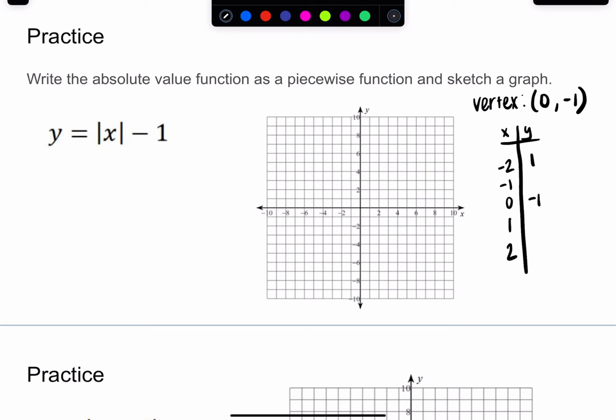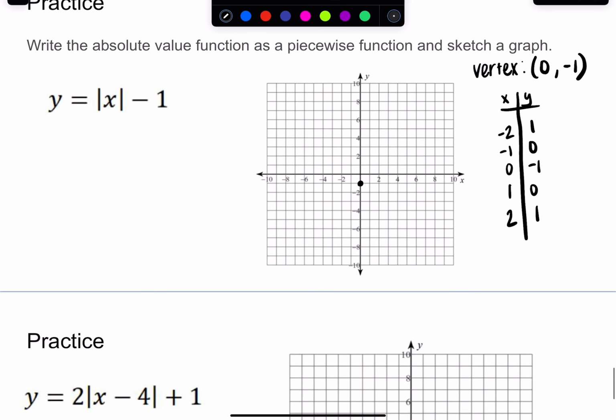Absolute value of negative 1 is positive 1, minus 1 is 0. And then we mirror. And then we plot our points. So my vertex is 0, negative 1. We got negative 1, 0, 1, 0. And then negative 2, 1, 2, 1.